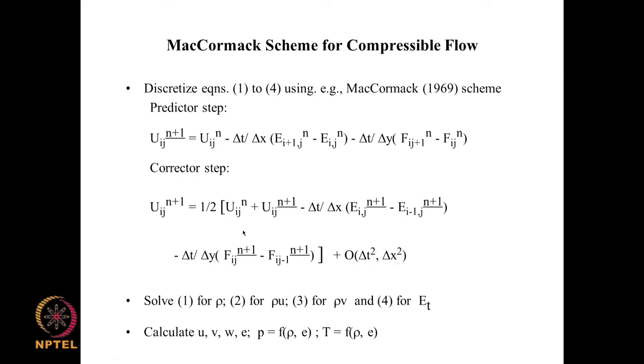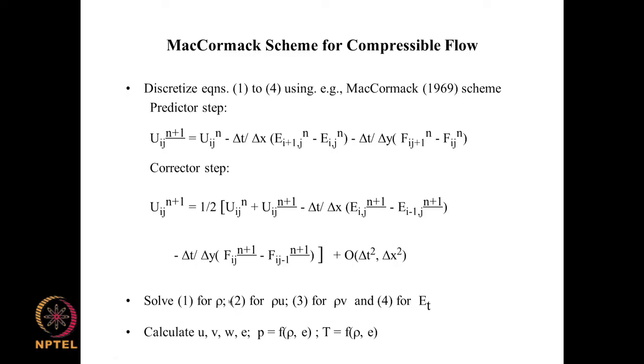That equation is solved for rho. Then, after we get rho, we solve using this and this again, but taking the second values for rho u, and then the third equation for rho v and the fourth equation for E_t.